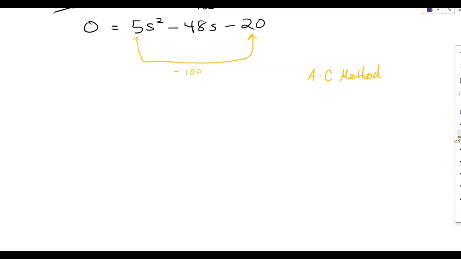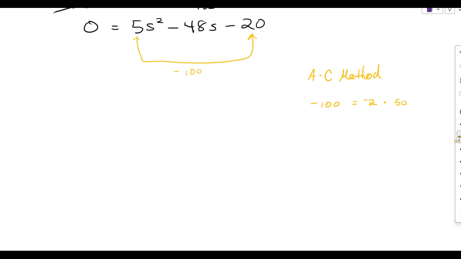That's negative 100, right? So we want the factors of negative 100 that would add up or subtract to give us the negative 48. Let's have a look. Negative 100. Well, right away you can kind of see that we have 2 times 50, right? So which one can be negative? So let's see, if the 2 is negative, right?